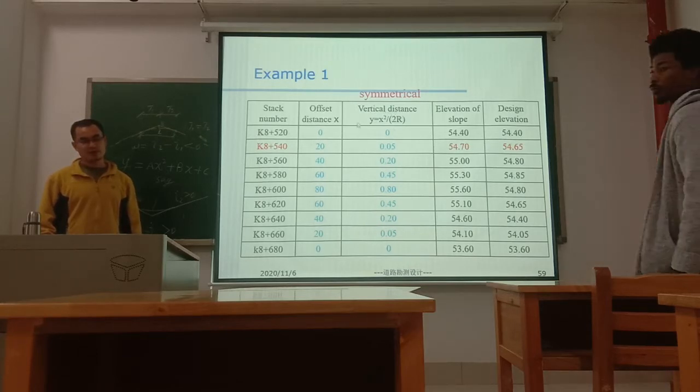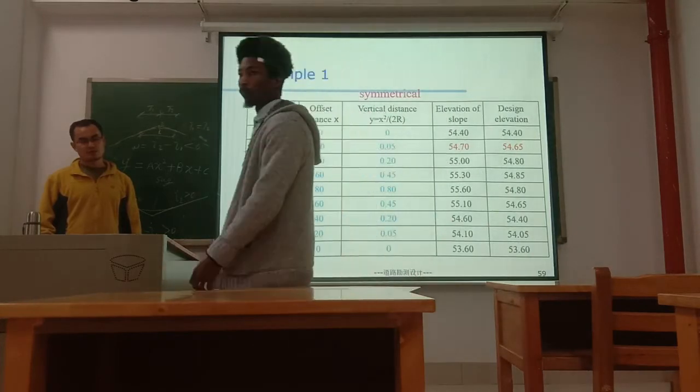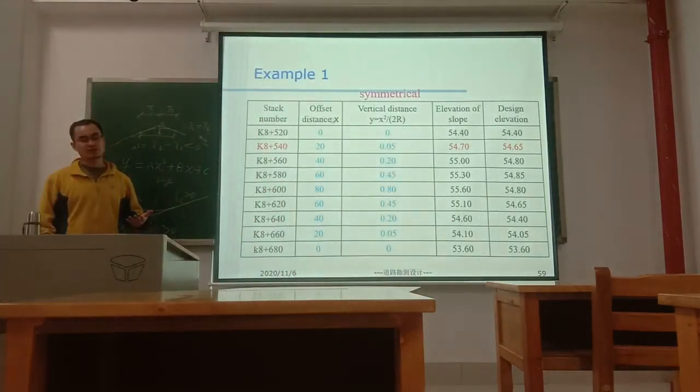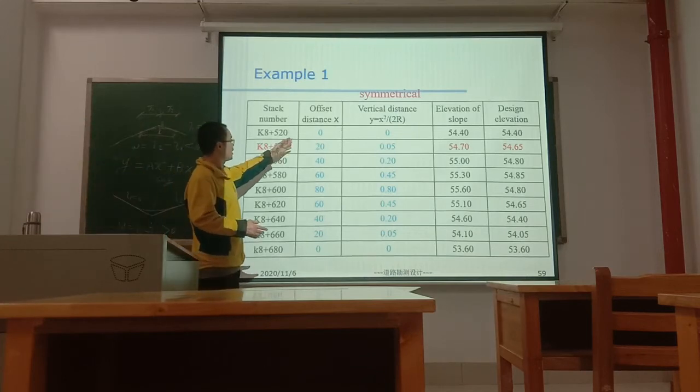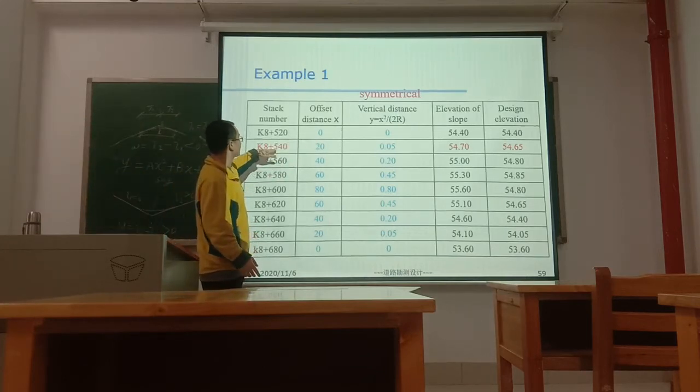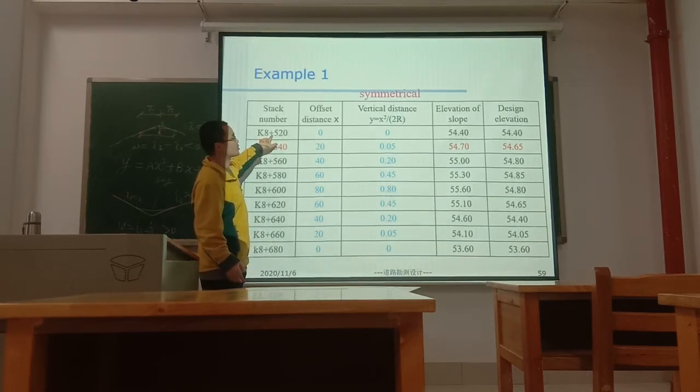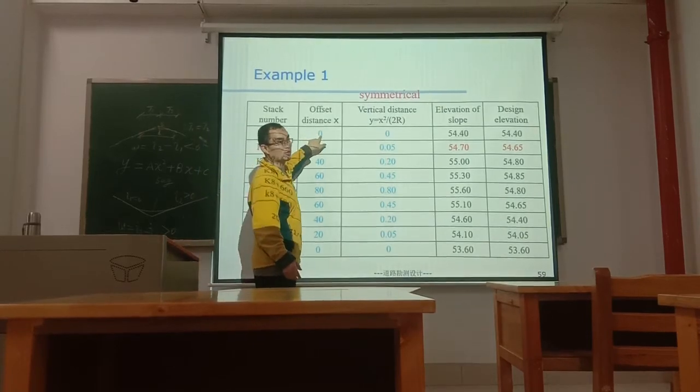Vertical distance. Offset distance x is used when this is the start point, so this is 0.